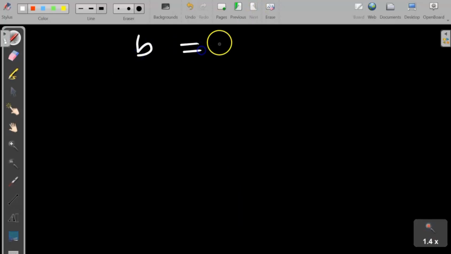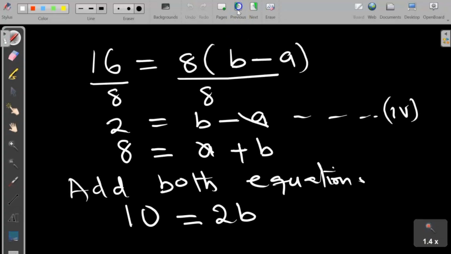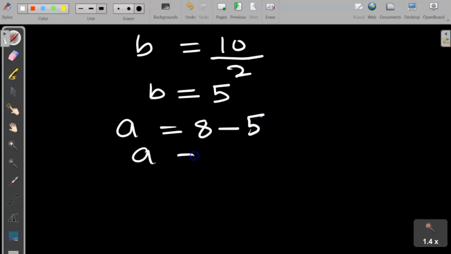So b is equal to 10 over 2. B is equal to 5. Since a plus b is equal to 8, I can get a. A is equal to 8 minus 5. So a is equal to 3.